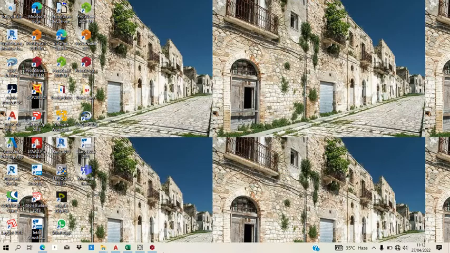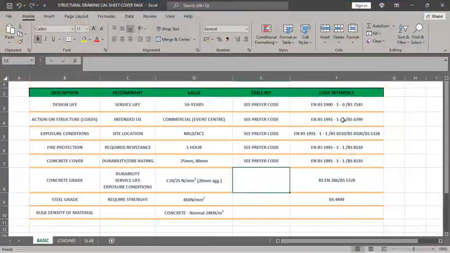Now, what we need to understand is that most of the parameters that they have in these codes, they make use of a particular strength of material to come about with those values. Now, Euro code is based on 30, 35 concrete and 500 Newton per mm square reinforcement strength.